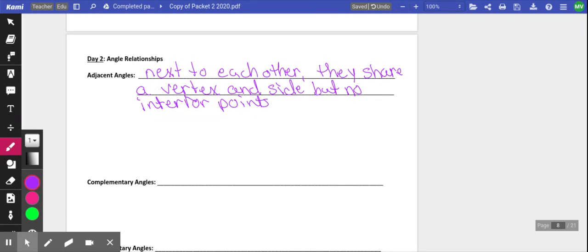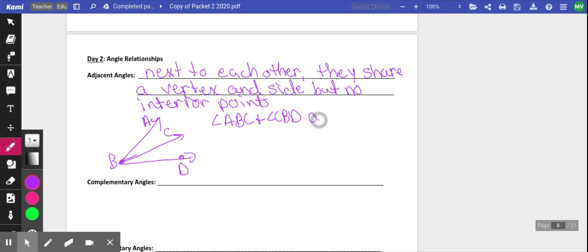So if I have angle ABC and angle CBD, I would say that angle ABC and angle CBD are adjacent.